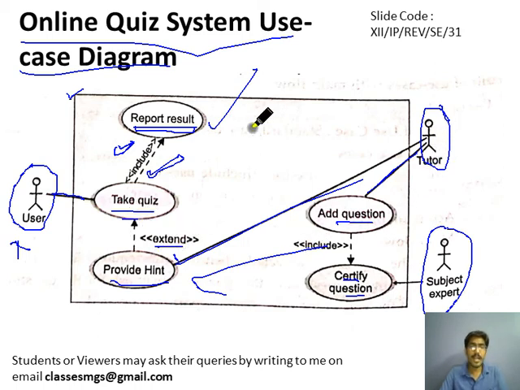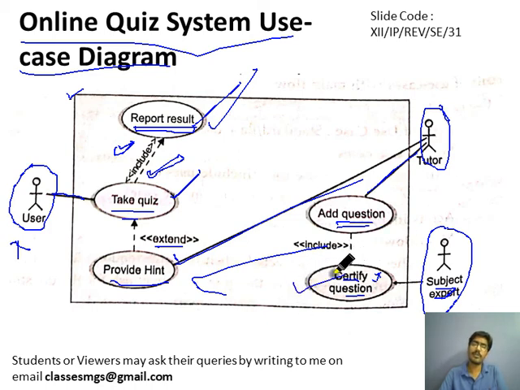And how can we read this? A user can take a quiz, then his result report will be published, or a user can get a hint during the question to understand the question. It is not mandatory, it may give the hint. A tutor will add a question into the system, and then after adding the question it must be certified by the subject expert. Suppose a tutor adds the question, then the subject expert will review and certify this question.